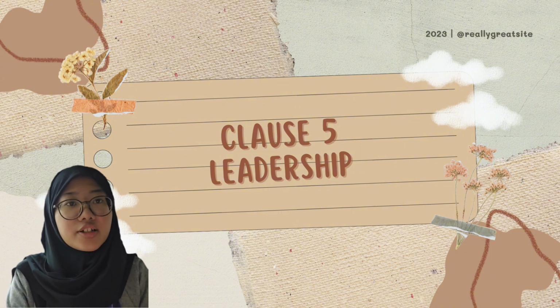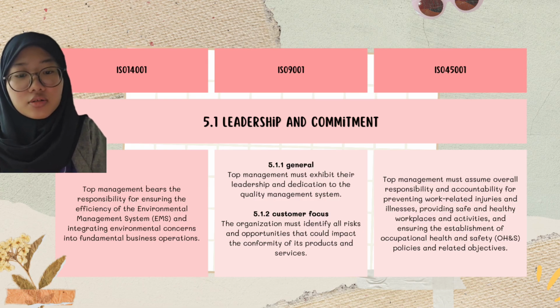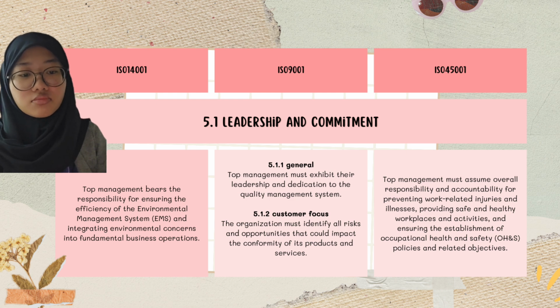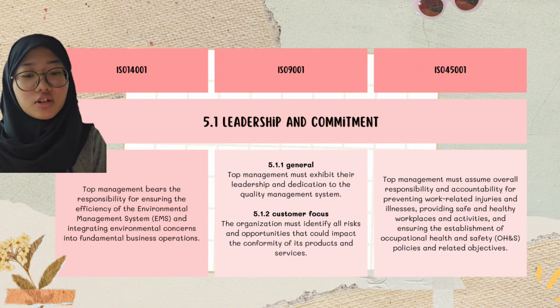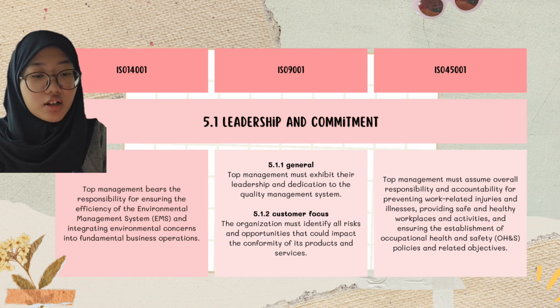Clause 5, Leadership. Leadership for 14001 is about top management bearing the responsibility to ensure efficient EMS and integrate the environmental concern into fundamental business operation. For ISO 9001, in general, top management must exhibit their leadership and dedication to QMS.